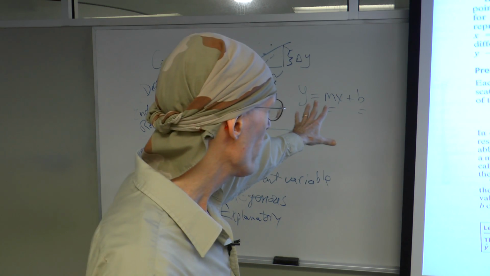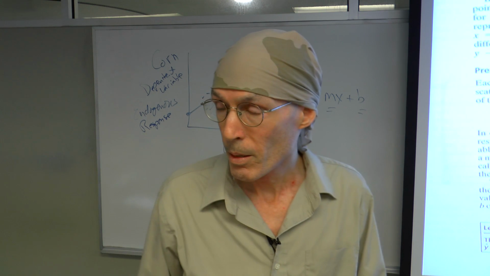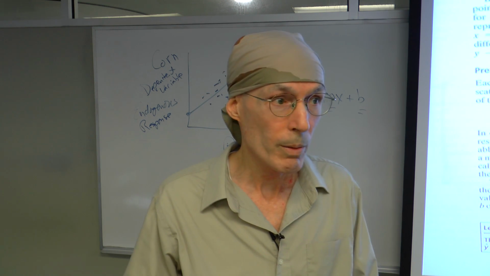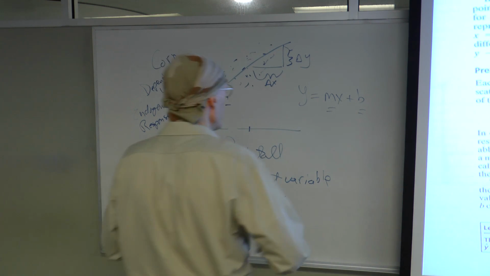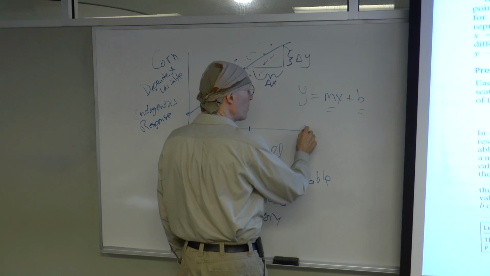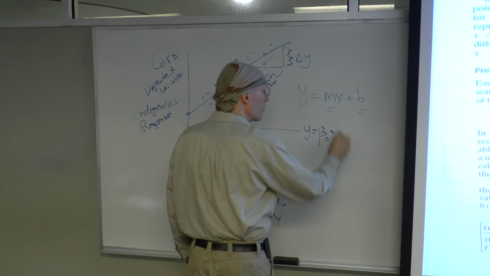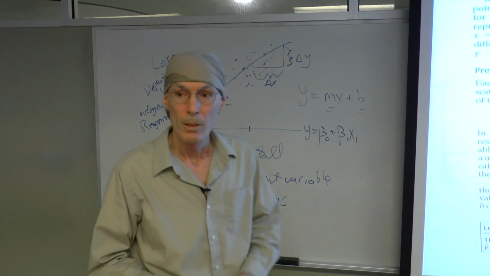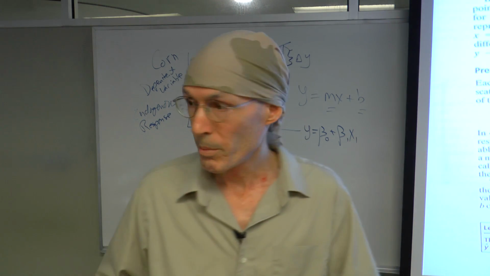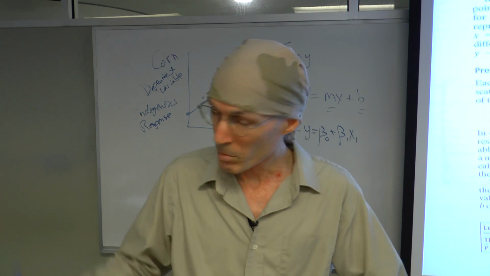The equation we're actually going to use is not mx plus b. We're going to use a more standard equation with Greek letters, beta. So we're going to use y equals beta naught plus beta 1 x1. Why am I putting noughts and ones? Because right after we finish bivariate regression, we're going into multiple variable regression.